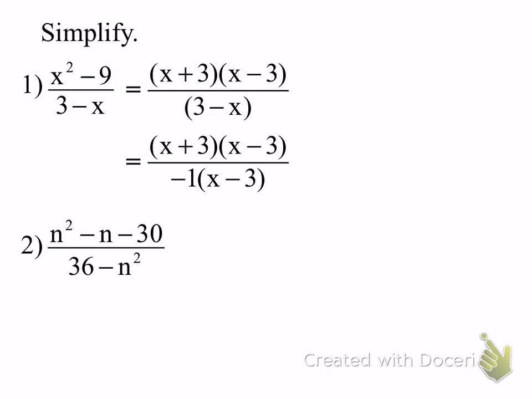And now, what can we do? Now we can factor the negative 1. We've already factored the negative 1. Now what? Cancel out the x minus 3. And so we are left with x plus 3 over negative 1. I can take the negative 1 in the denominator, in the numerator, or I can multiply it in, right?